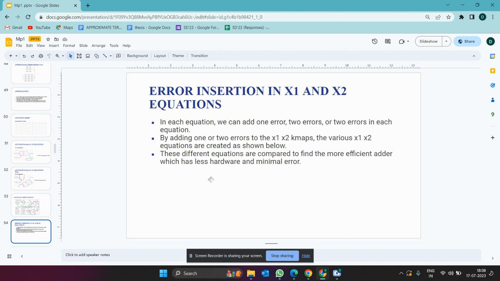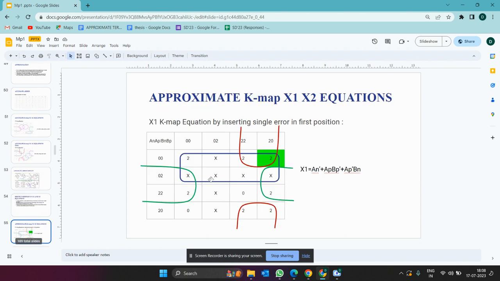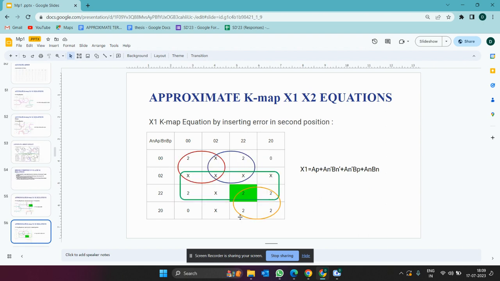By adding the error directly into the K map, we have analyzed the error. So we have included 2 here instead of 0. After that we have received an equation here, and instead of 0 here we have introduced 2.